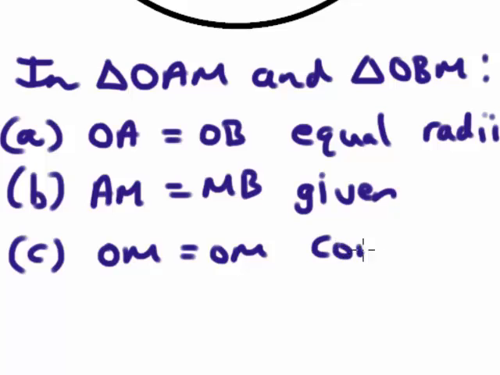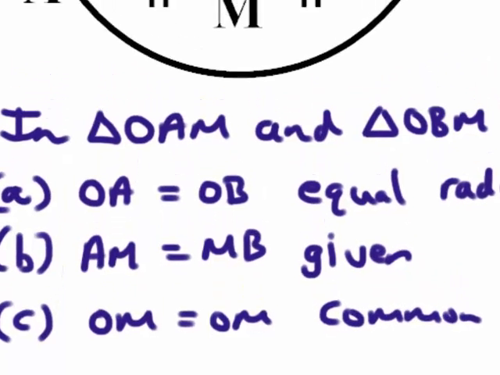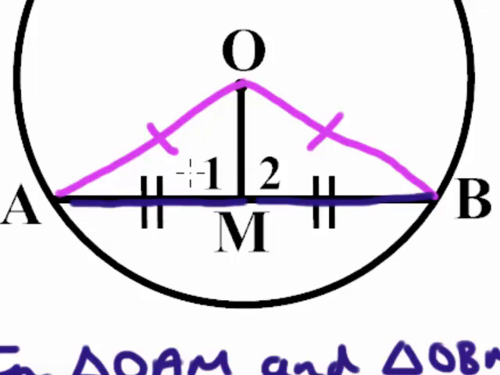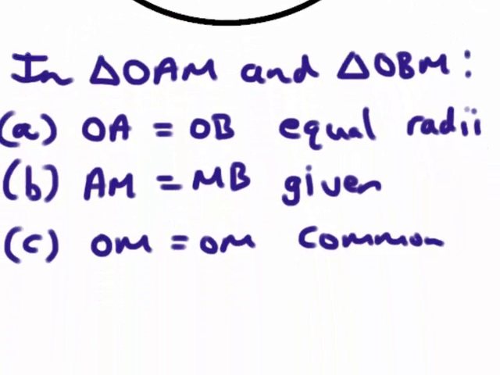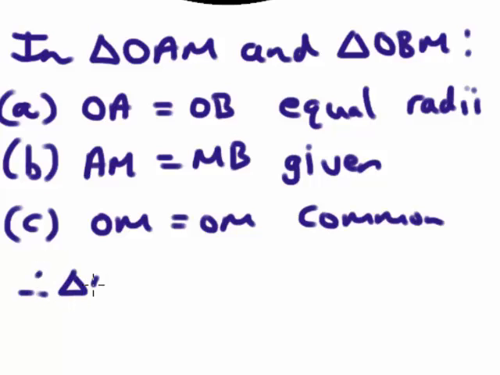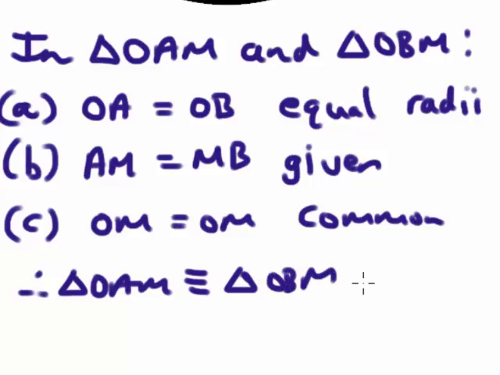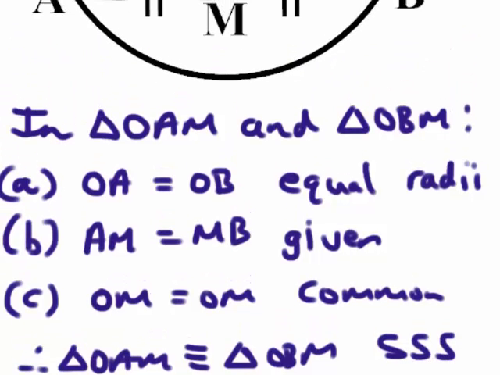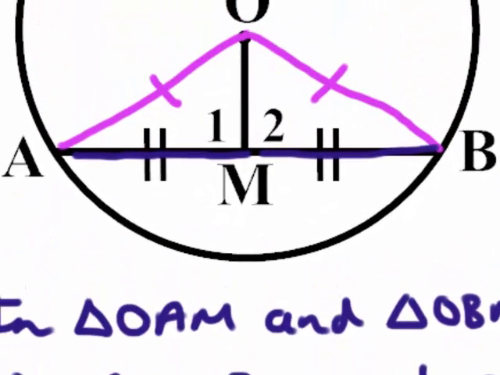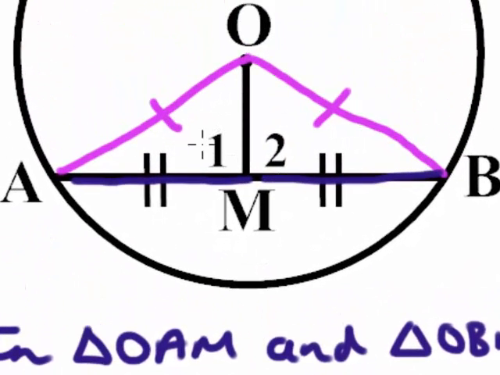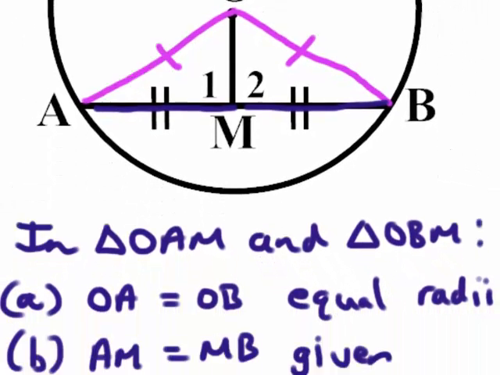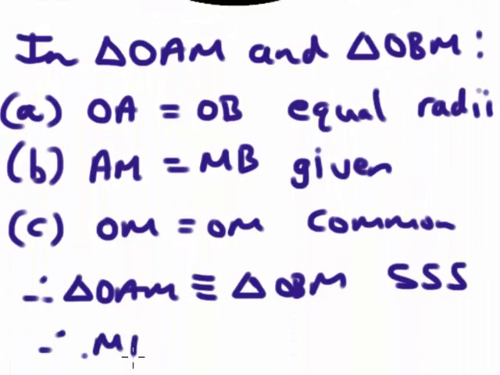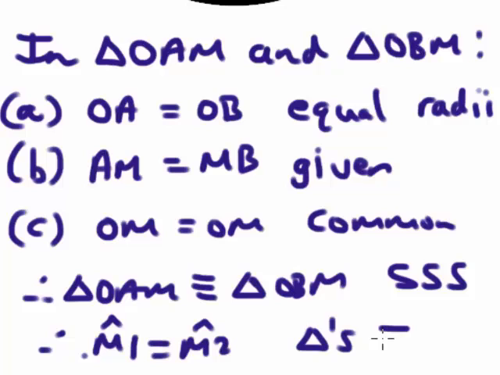That side is common to both the triangles. So in other words, we automatically know that triangle OAM is congruent to triangle OBM, and the reason for that would be three pairs of corresponding sides equal. And if OAM is congruent to OBM, automatically M1 and M2 will be equal. So therefore we can say M1 is equal to M2, and that's because the triangles are congruent.